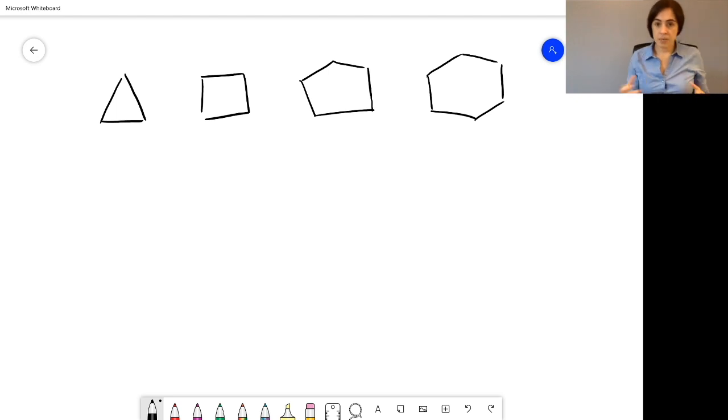So as a flat structure, we would expect the angle here to be roughly 60 degrees for cyclopropane, good old 90 for cyclobutane, 108 for cyclopentane, and roughly 120 for cyclohexane.